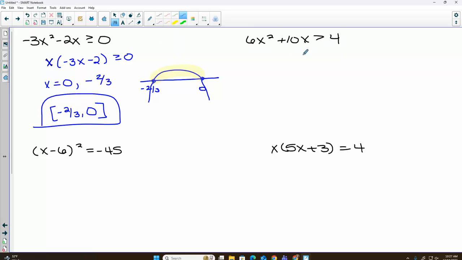Okay, if I look at the second one, what would I need to do? Right? What could you divide everything by? 2, I think. You want to make it a little bit nicer.